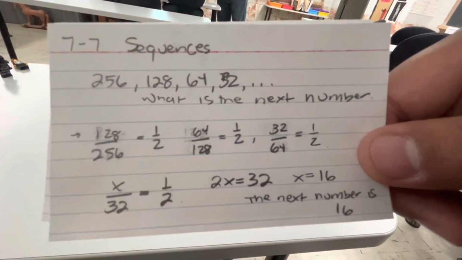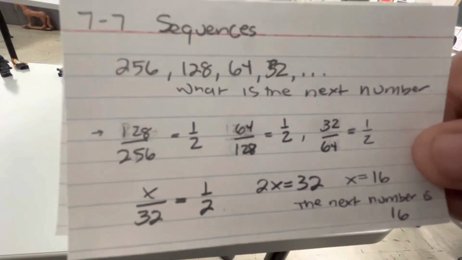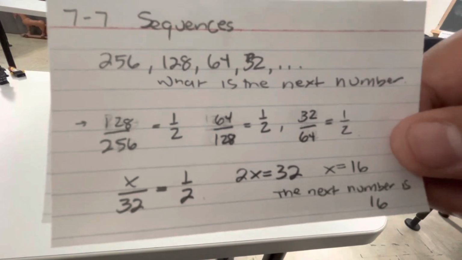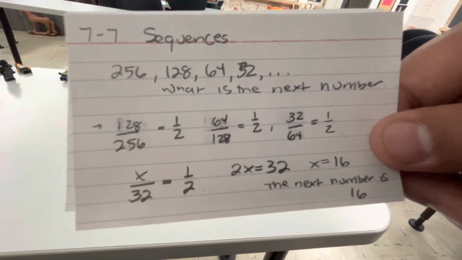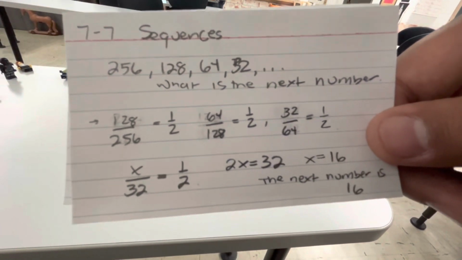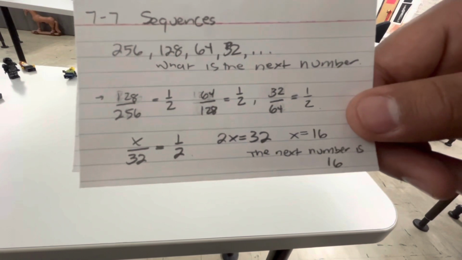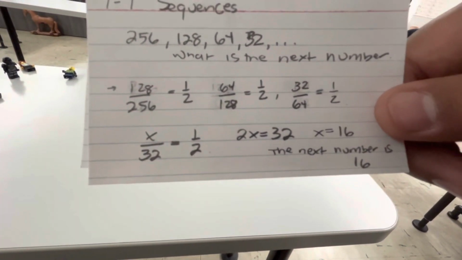Next, we have to solve what the next number is from the sequence 256, 128, 64, and 32. We can divide 128 by 256, which gives us 1/2, and we can do 64 divided by 128, which equals 1/2, and 32 divided by 64, which equals 1/2.